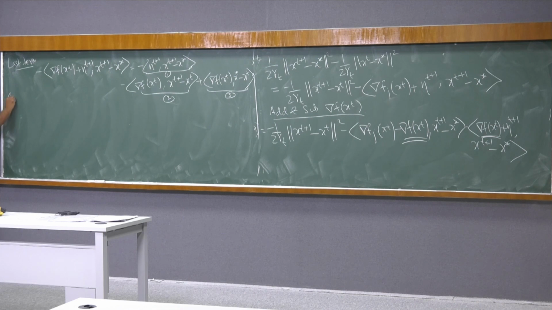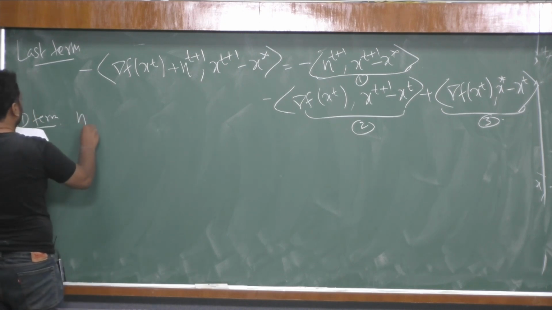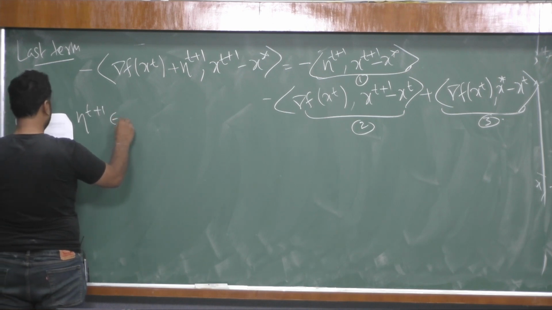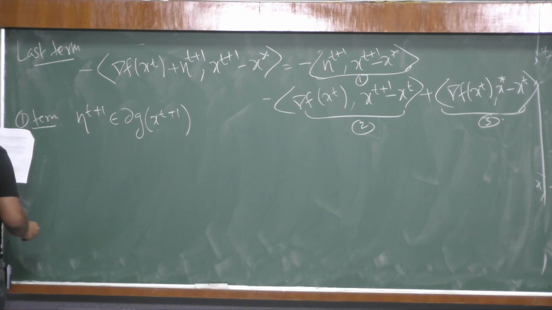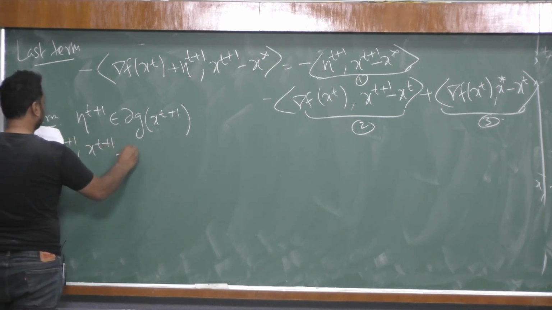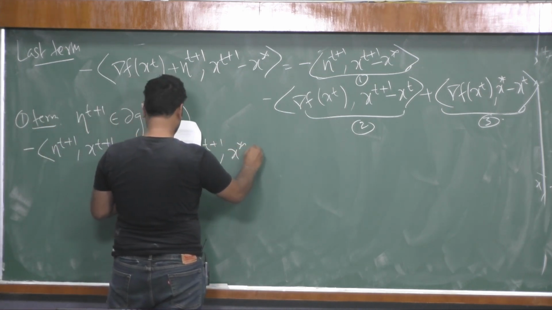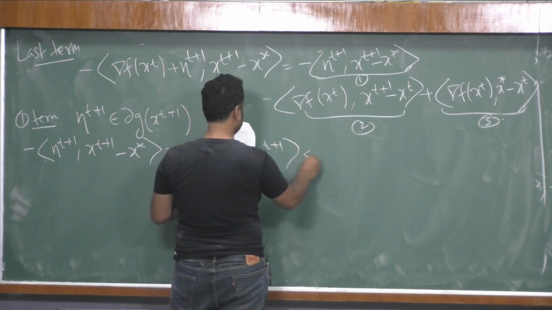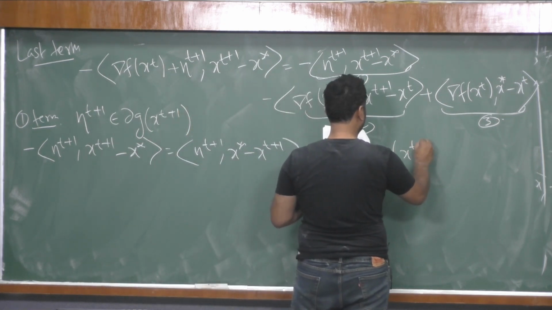So the first term is, we use the fact that eta_{t+1} is in the subdifferential of g at x_{t+1}. Then we can write minus eta_{t+1} times x_{t+1} minus x star is eta_{t+1} times x star minus x_{t+1}, and this is less than or equal to g(x star) minus g(x_{t+1}).